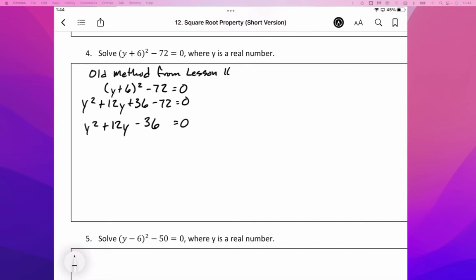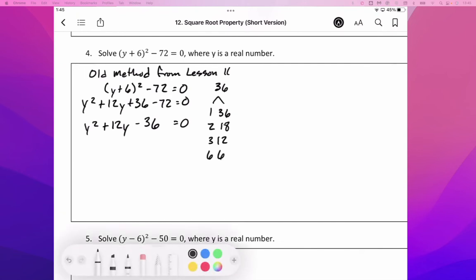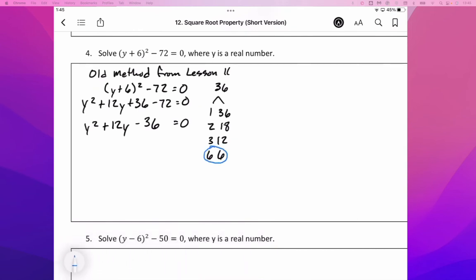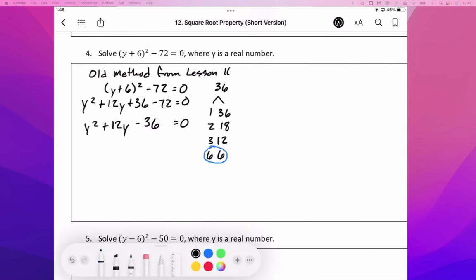And what we got now is we need to look again at the AC and say, okay, 1 times 36 makes 36. What are the factors of 36? And look for pairs that when I add or subtract them would make 12. And so I see that I can use 6 and 6 to get 12, and that's the only option.